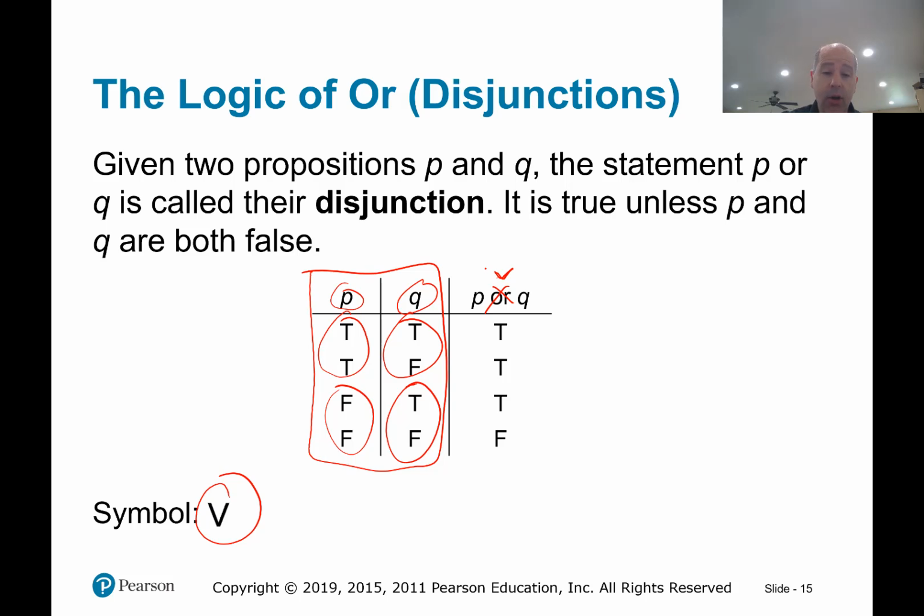Now notice here that the truth values for the disjunctive statement are like the opposite of the conjunctive statement, the and statement, right? So the only way you can call me a liar if I say an or statement is if both of the things I said don't happen, right?